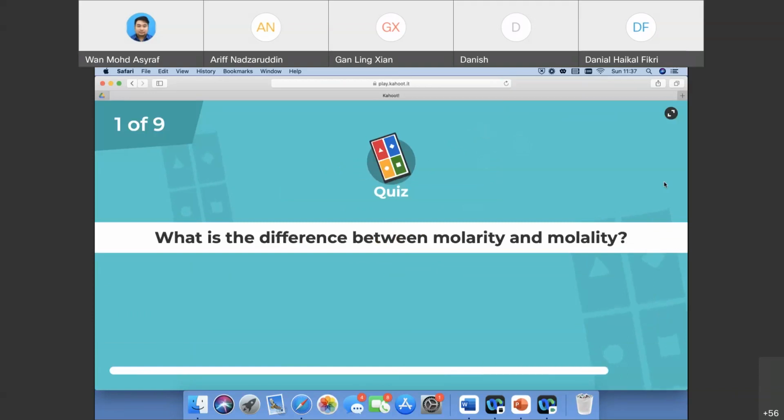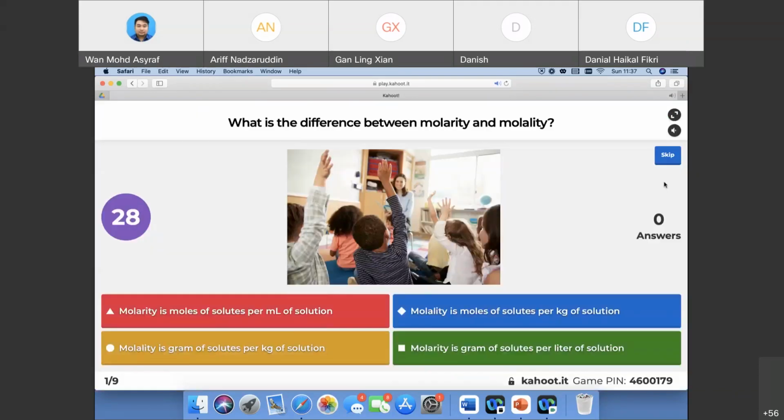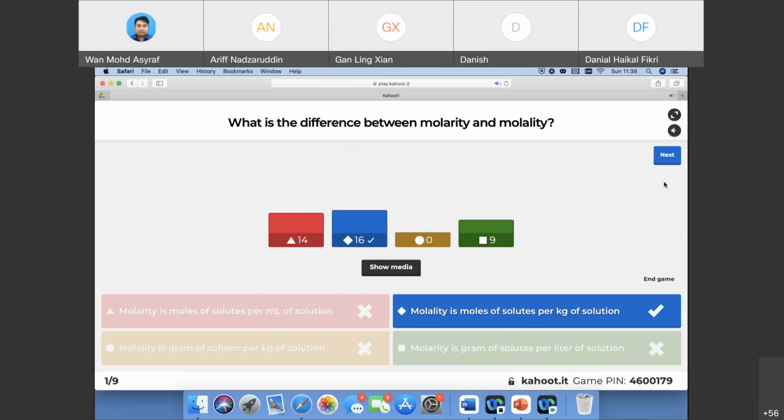So what is the difference between molarity and molality? You have 30 seconds. Alright, so 16 students menjawab biru.